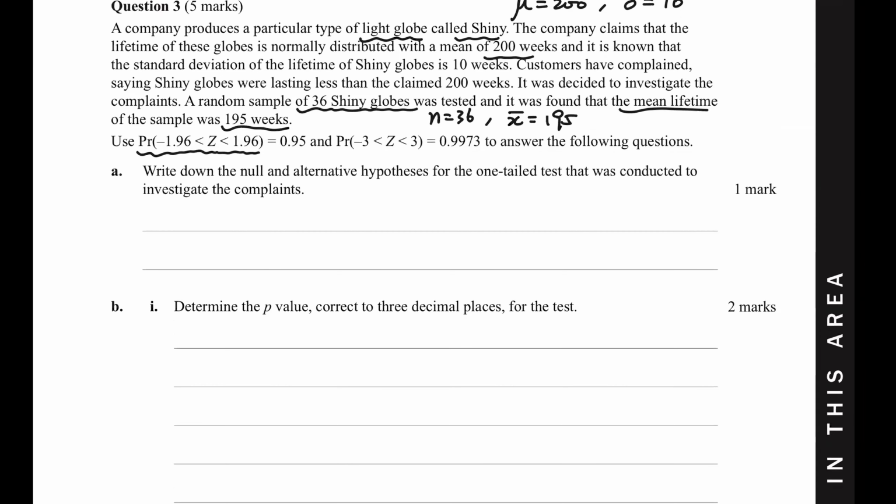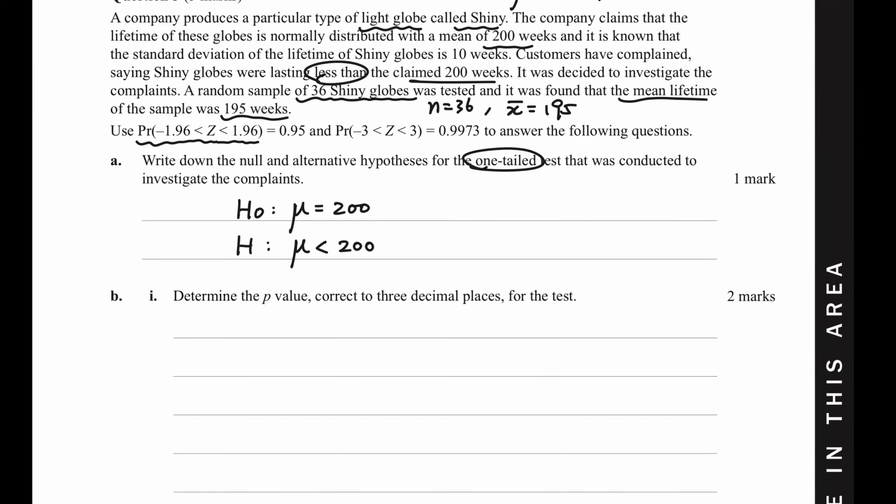For the null hypothesis, if it's less than the claimed population mean, I would say this is a one-sided test. So the original statement, the null hypothesis, is always mu equals 200, but because the customer has complained the lifetime is less than the claimed value, I say the alternative is mu less than 200. Okay, it's a one-sided test, one-tail test.